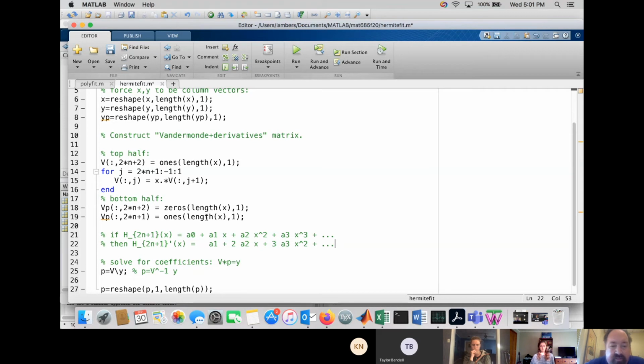So because I have no a0, the last column of my bottom half is 0. Here I have ones. Then I have x, but times 2.